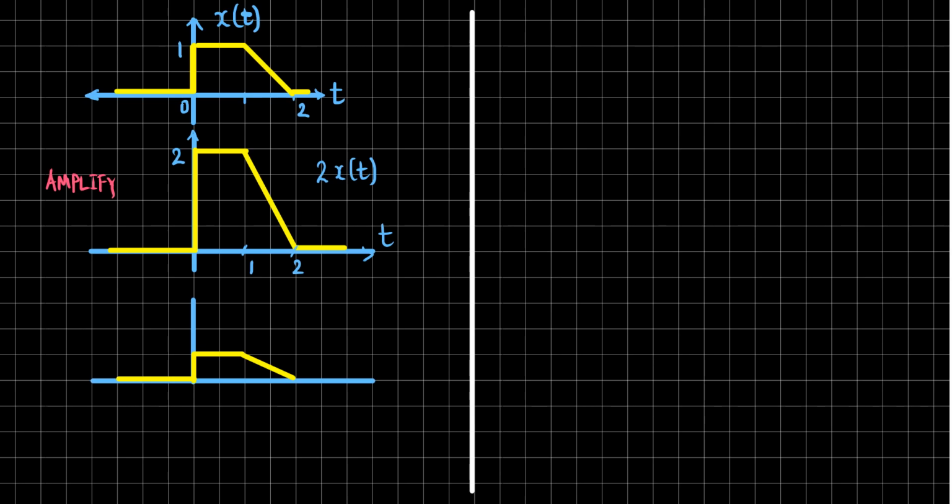The value here is 0.5. Why? Because this new signal is obtained after scaling the original signal by a factor of half. Therefore, this can be indicated as x of t multiplied by half. The remaining things, the axis notations, remain the same: 1, 0 and so on. So this is the attenuation operation.